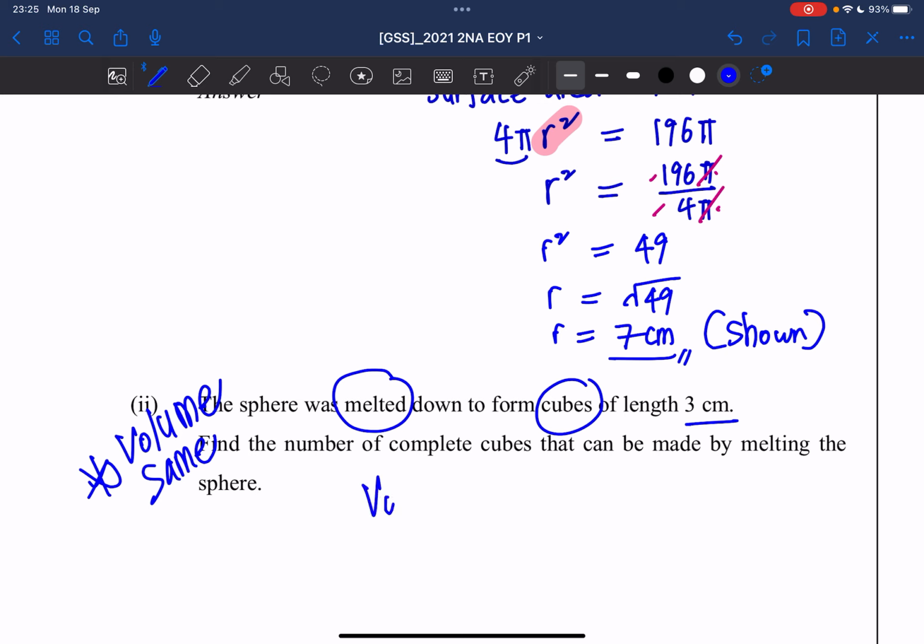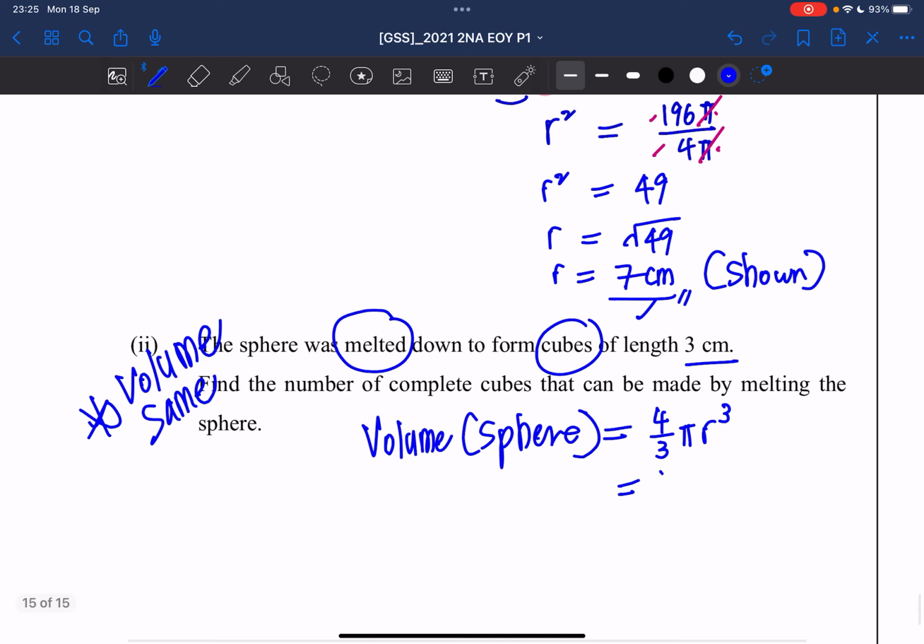So we need to find the volume of the sphere. So volume of the sphere is also given on page 2, the formula sheet. It's just 4/3 pi r cube. So we have found our radius to be 7. Then we can just key in our answer, 4/3 times 7 power 3.